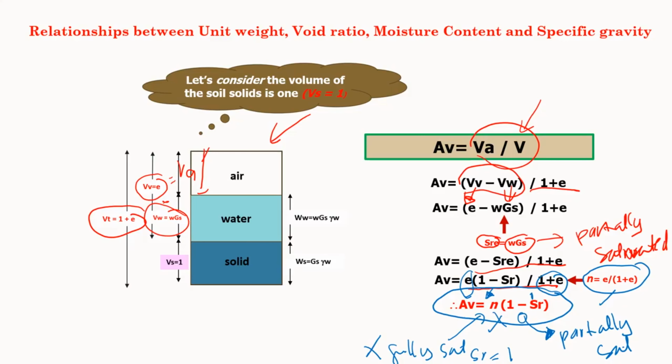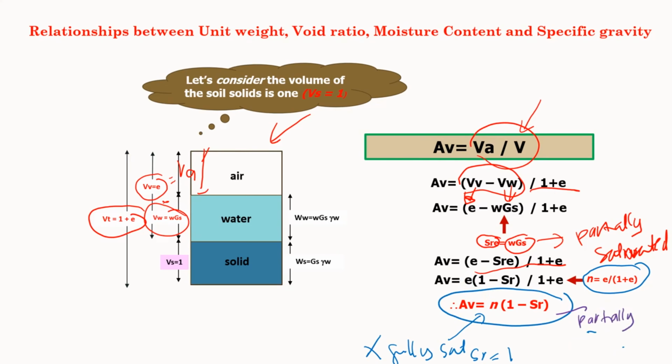So these equations can only be used for partially saturated and also dry soil, because partial saturation has Sr ranging from more than 0 to less than 1, and if it's dry, Sr is equal to 0. So Av will be equal to porosity.